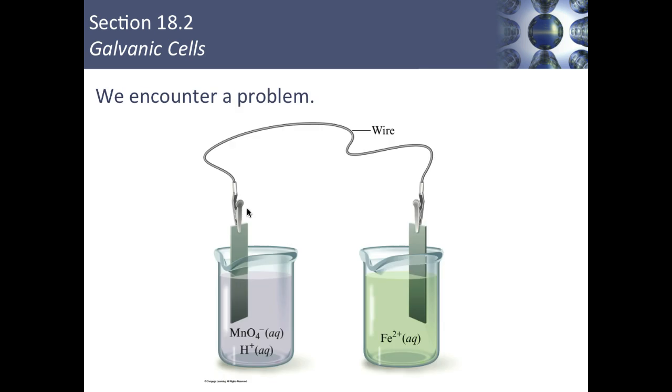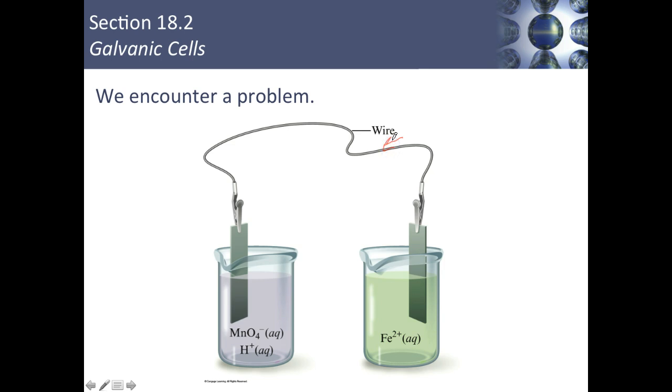Now, because we've separated this reaction into two separate containers, but we still are transferring electrons or electricity, if we have the system set up as it is here on screen, we're going to run into a slight problem. Well, what do you mean? Well, we know that manganese is what's going to be reduced, which means the electrons are flowing this way.